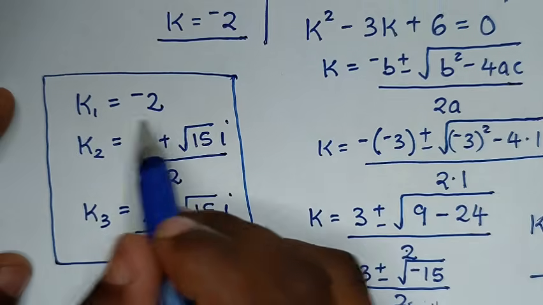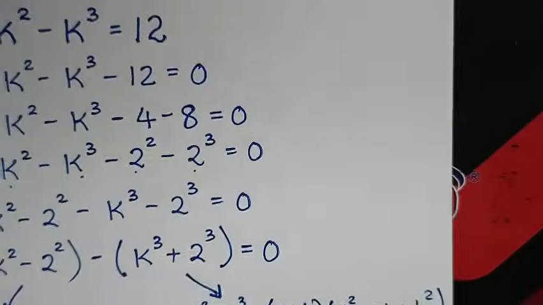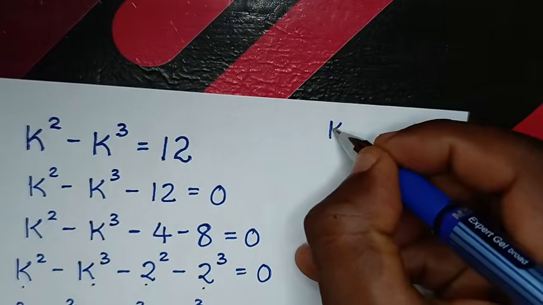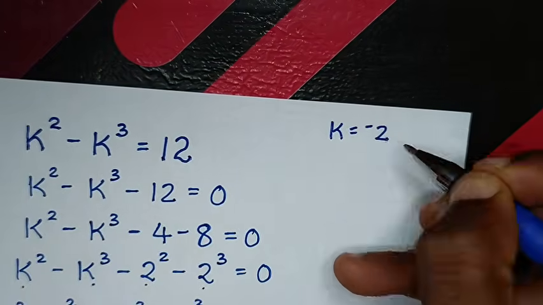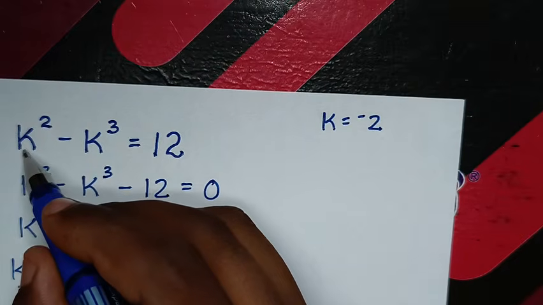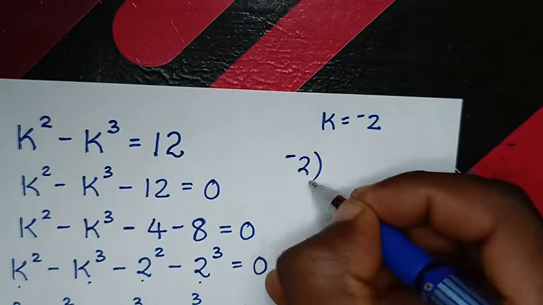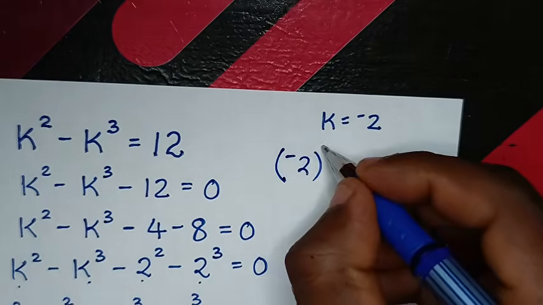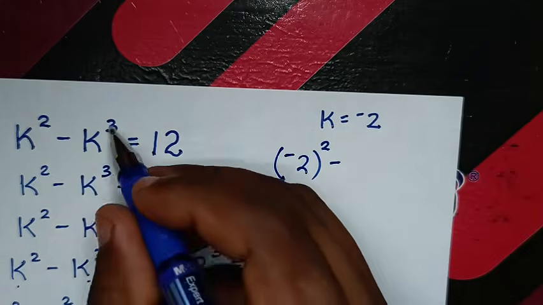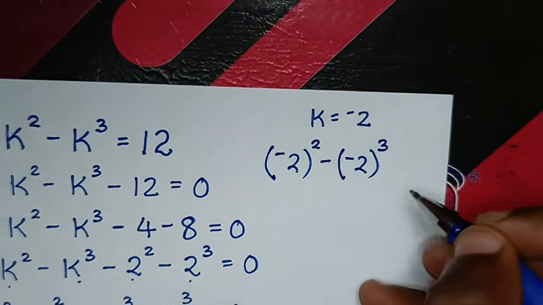So we check the real solution k is equal to negative 2. We substitute negative 2 into here and here, so it will be negative 2 bracket square, then minus k to the power of 3, which is negative 2 bracket to the power of 3.